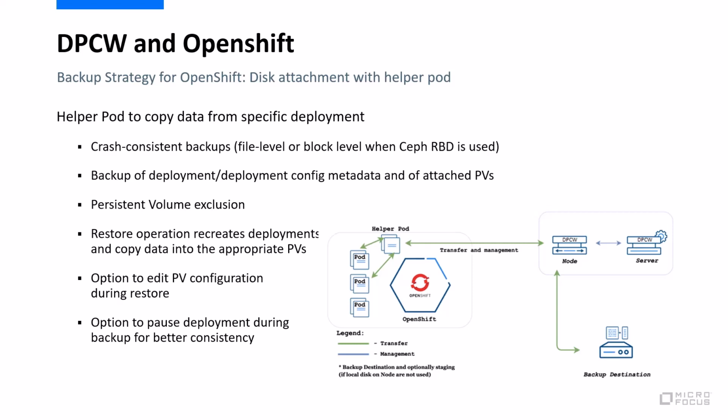Data Protector for Cloud Workloads drives into those containers and into those APIs and extracts information via its Data Protector for Cloud Workloads node. And the node can either store that within a certain cloud environment, or it can forward it to an enterprise backup provider. And this is where Data Protector is coming in to support OpenShift backups with all the backup infrastructure that is available in the Data Protector main product.